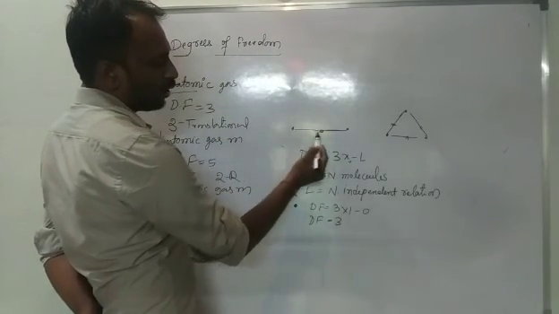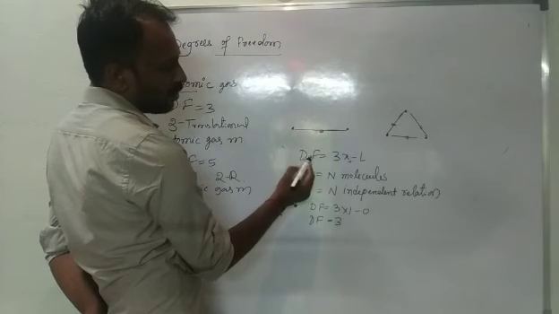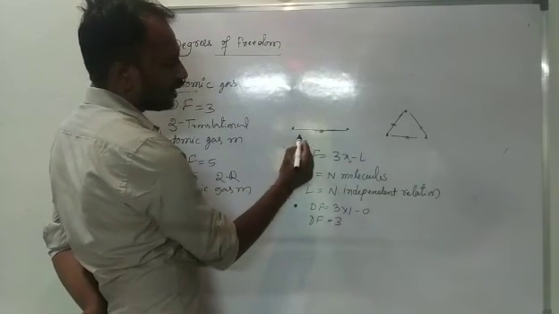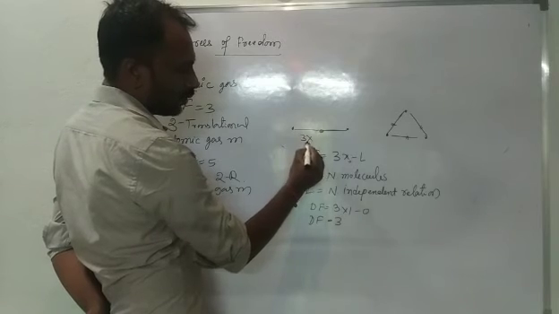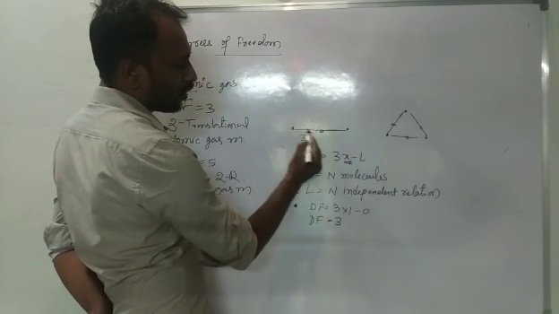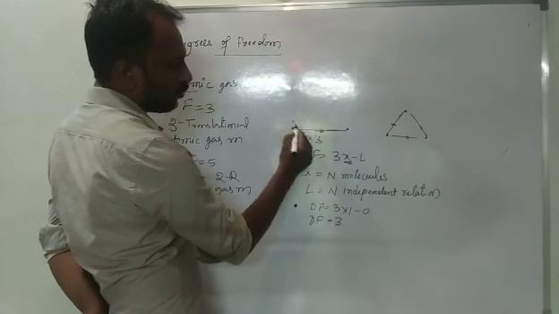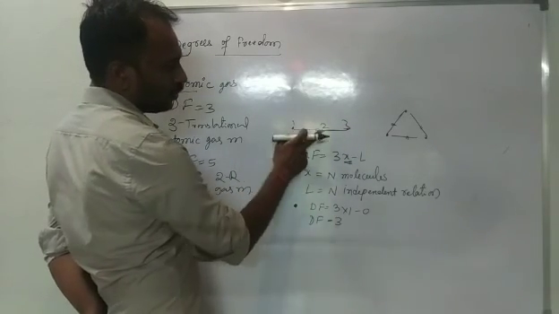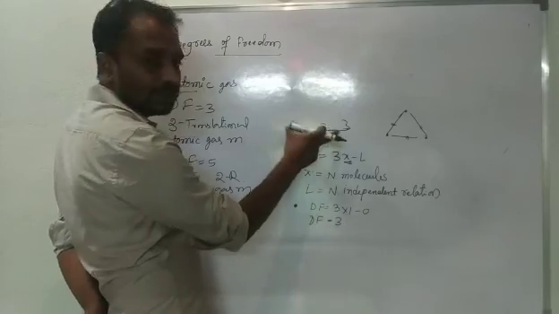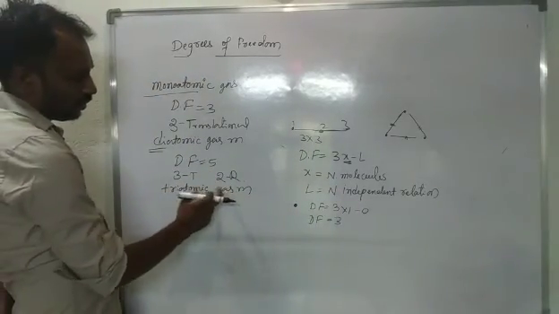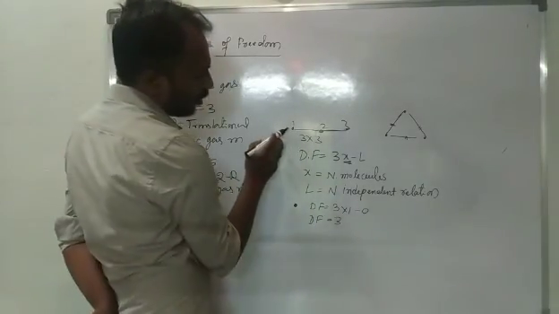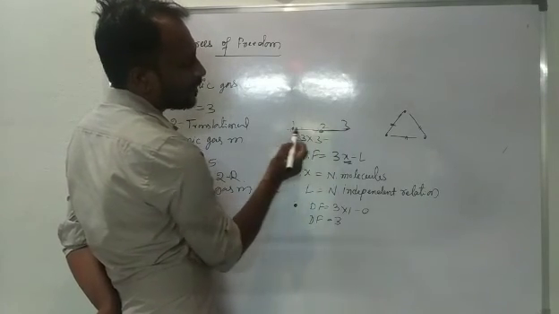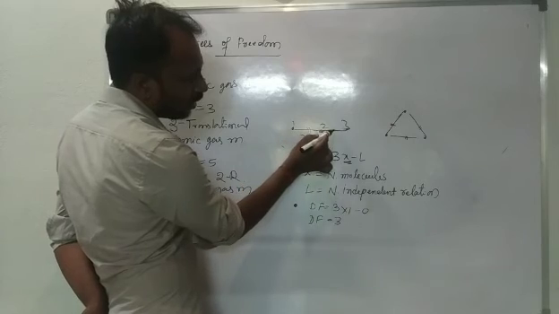Another one is triatomic gas molecules. Degrees of freedom is 3x minus L. So the number of molecules is 3, 1, 2, 3. So 3 into 3 minus the number of relations, 1 and 2.